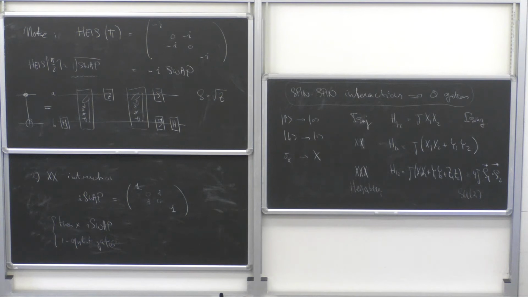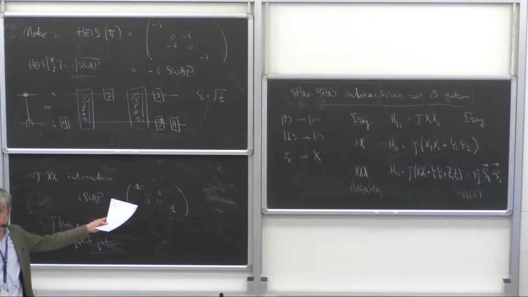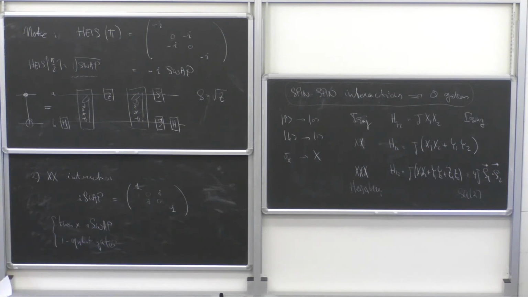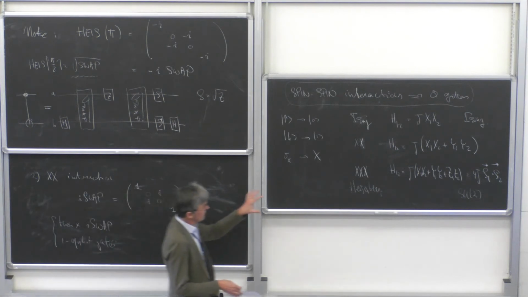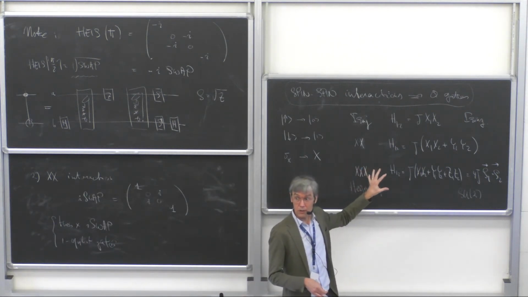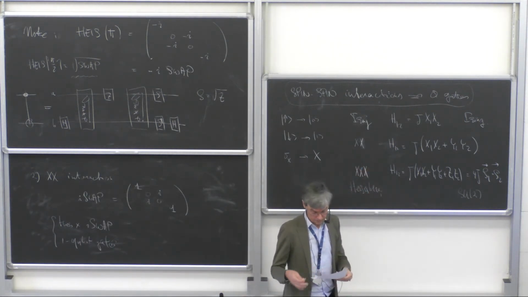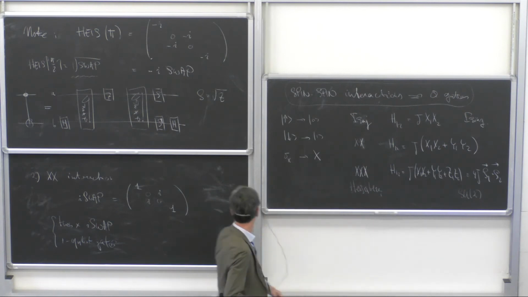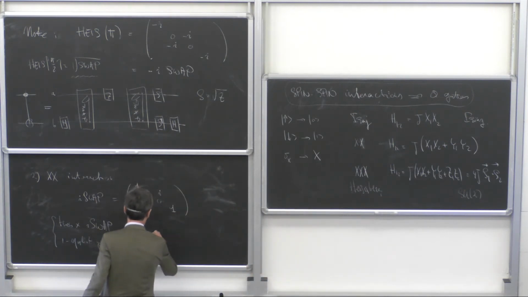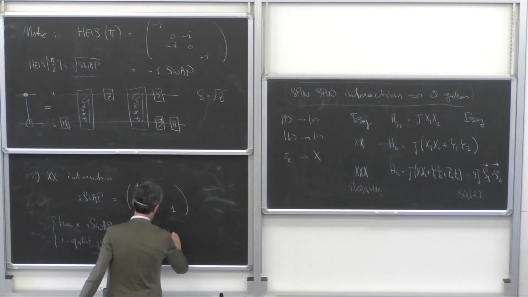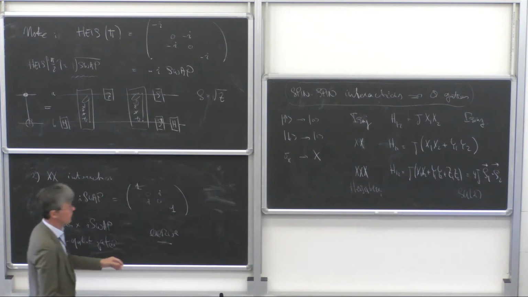It's known how to do it, and it's my story in the sense that all 3 interactions are good enough for universality, which is important, right? It means if your quantum computer design is essentially this kind of physics, you're okay. You can build everything that's needed. So again, this would be an exercise. I'm not going to do it here.